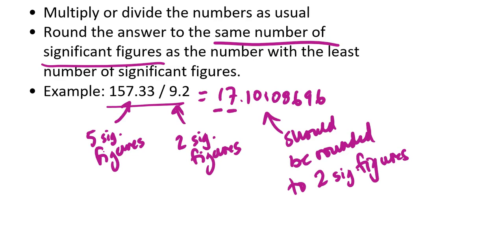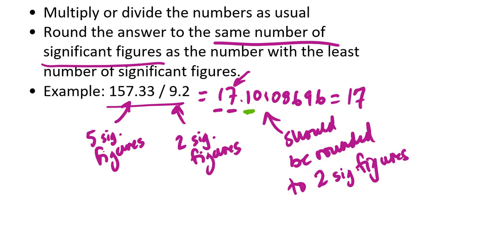So now I'm going to use the digit immediately to its right to decide whether the 7 stays a 7 or whether it gets rounded up to an 8. Well, as it turns out, 1 is still less than 5, and so as a result, we're going to keep that number as a 7. So that means that this answer should be reported as 17.